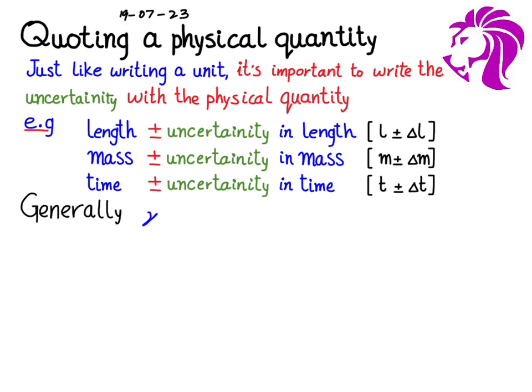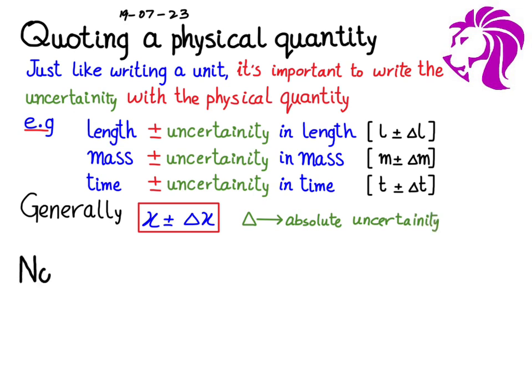So generally whenever we are quoting a physical quantity, let's say X, we need to give its error delta X. So X plus minus delta X. That's how you generally give the uncertainty with a physical quantity.